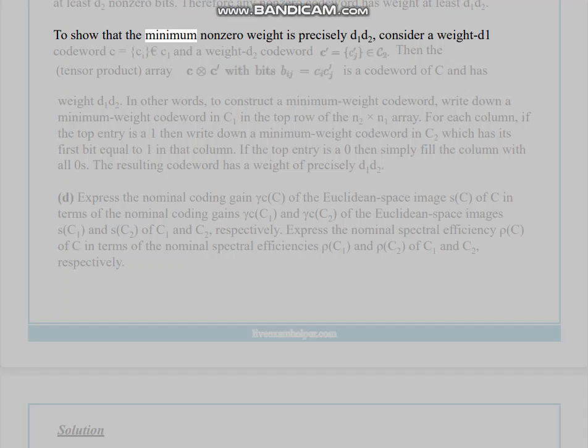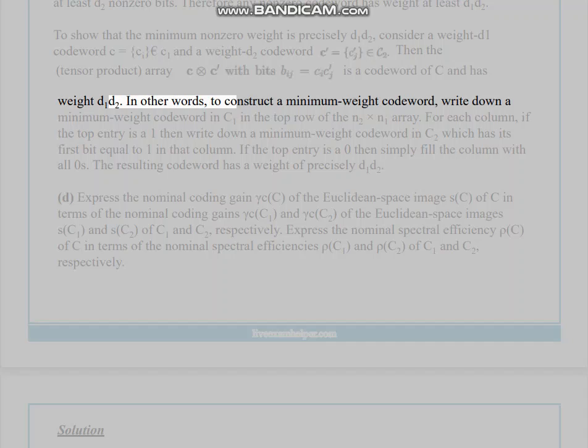To show that the minimum non-zero weight is precisely d1d2, consider a weight-d1 codeword c in C1 and a weight-d2 codeword c' in C2, and the tensor product array. Then this array is a codeword of C and has weight d1d2.